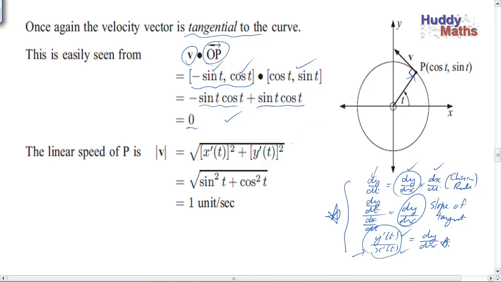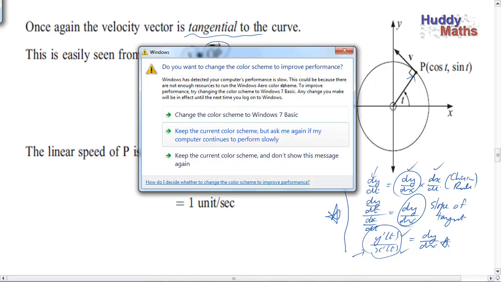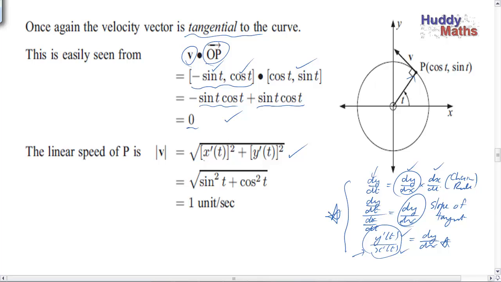Now what about the linear speed here? How fast the body's actually travelling? Remember that's common to what we did with vectors before, the yacht problem if you remember. The size of the velocity is the square root of the x component squared plus the y component squared.